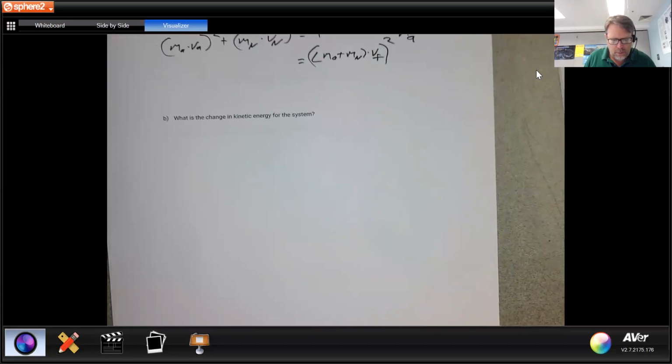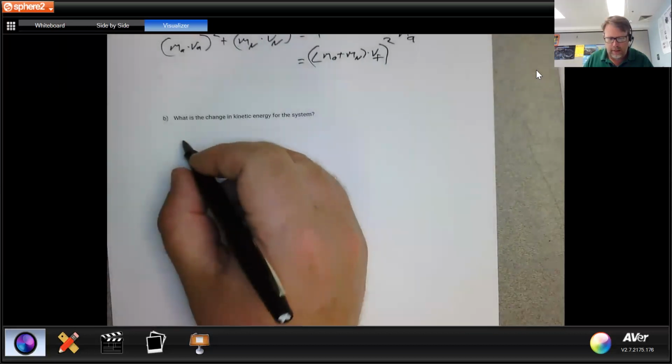Moving on here, what is the change in kinetic energy for the system?